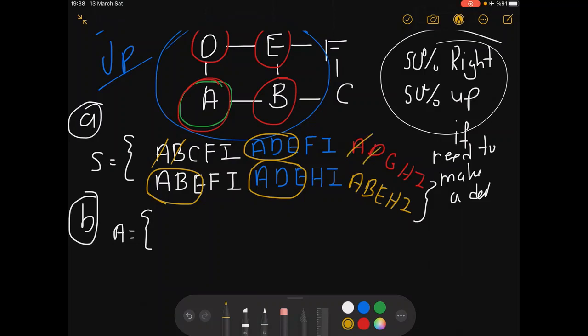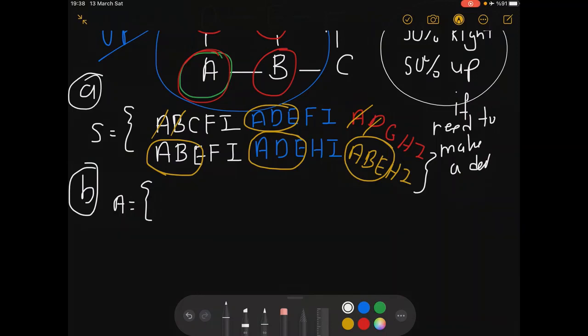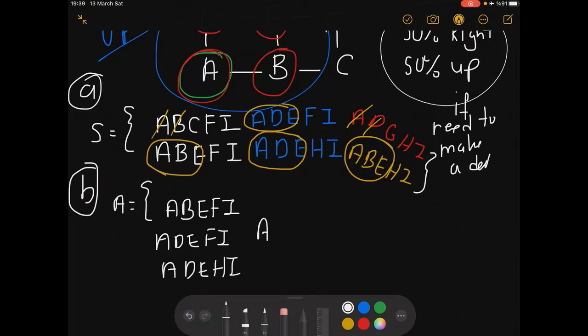A, D, no. Nothing else. And A, B, E. Oh, this is lovely. Okay. So that gives us the subsets A, B, E, F, I, and A, D, E, F, I, and A, D, E, H, I, and finally A, B, E, H, I are in your particular subset event A, that we can write them like this.